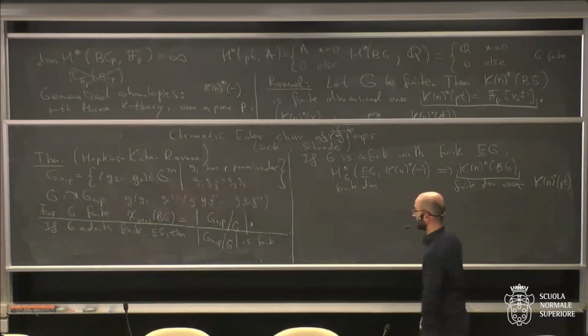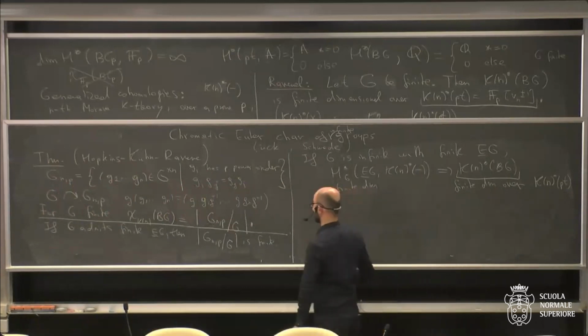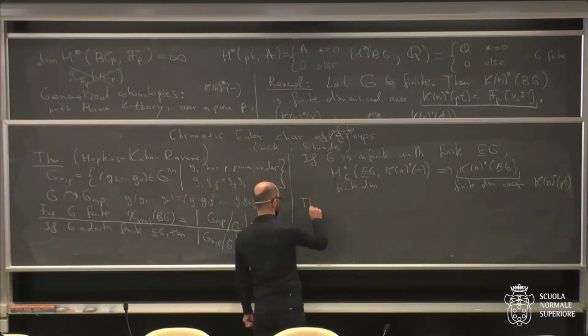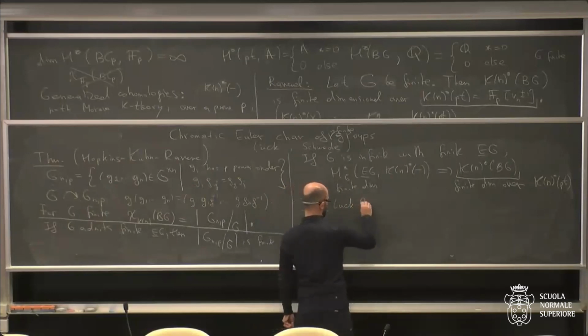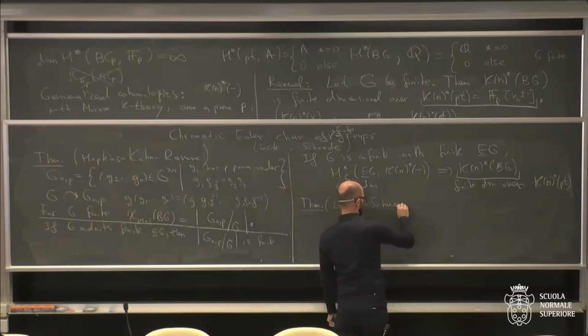Okay, so then we arrive at the generalization of this result by Hopkins, Kuhn, and Ravenel. Here is a theorem which I proved together with Wolfgang Lück and Stefan Schwede. This result says the following.